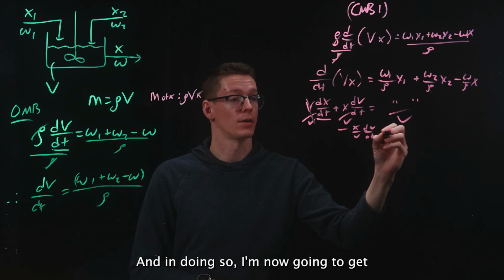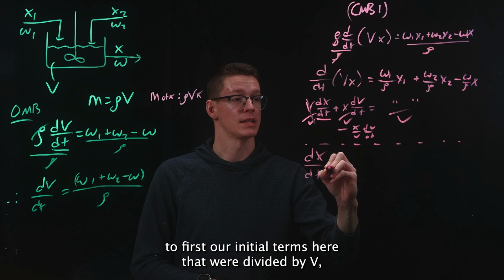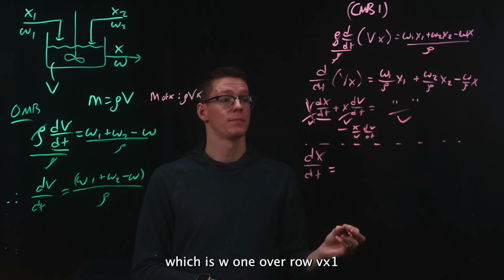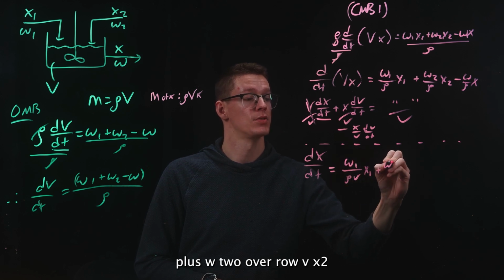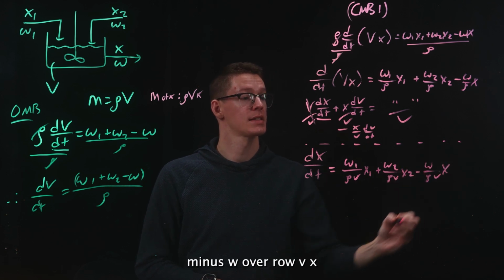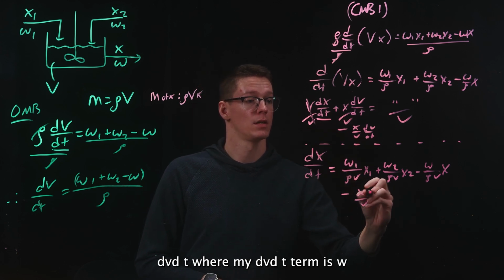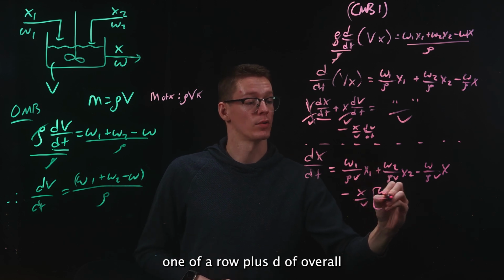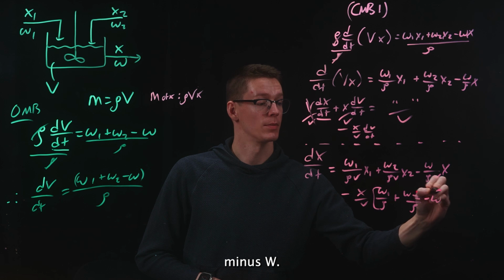In doing so, I get dx/dt is equal to, first, our initial terms that were divided by V, which is w1 over rho V x1 plus w2 over rho V x2 minus w over rho V x, minus x over V dV/dt, where my dV/dt term is w1 over rho plus w2 over rho minus w.